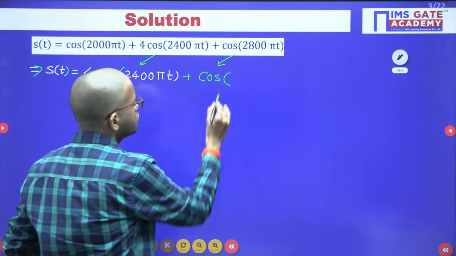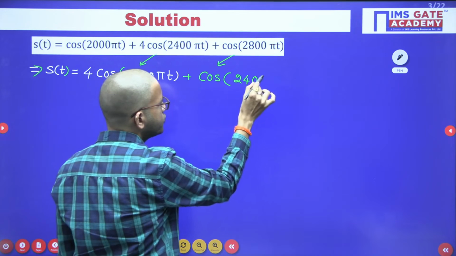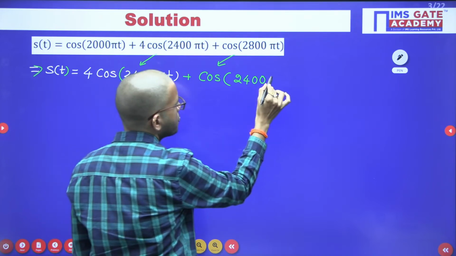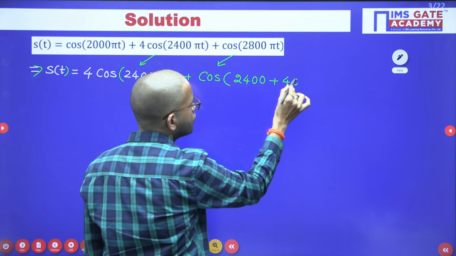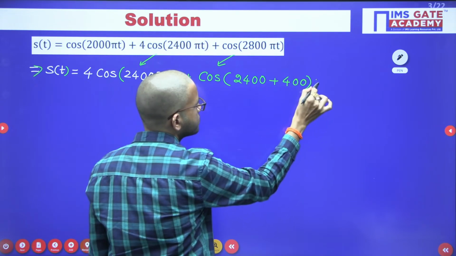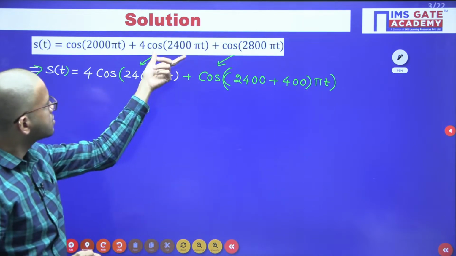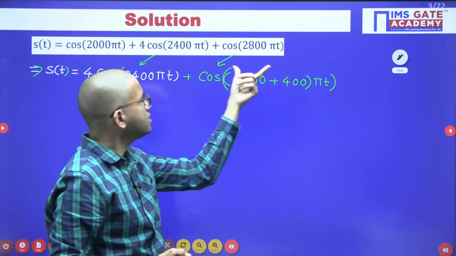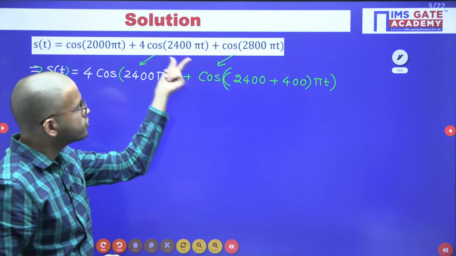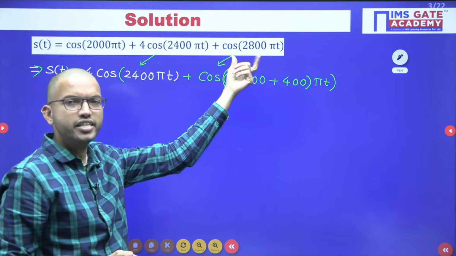So we can write it like cos of 2400 plus 400 pi t. Here 2800 pi t is written as 2400 plus 400, which together is nothing but 2800.